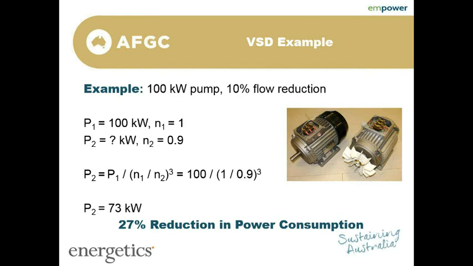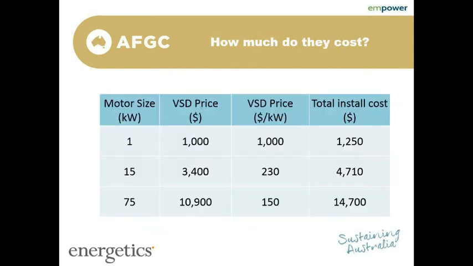And then you can see that calculation to determine what the second power requirement is going to be. It's the initial power divided by the ratio of the speeds cubed. That's 100 divided by 1 on 0.9 to the power of 3. And you can see that second power requirement is 73 kilowatts. So for a 10% reduction, we've saved about 27% of our power requirement, which is pretty considerable.